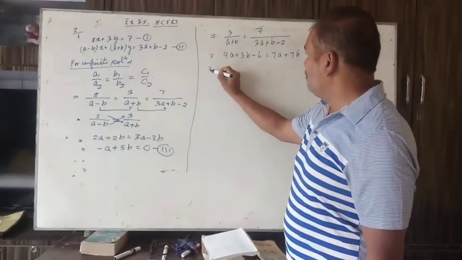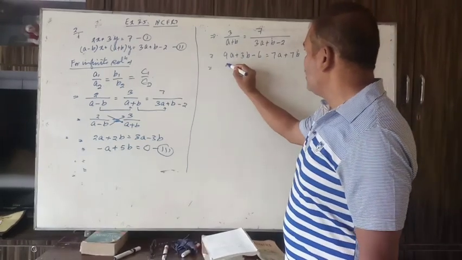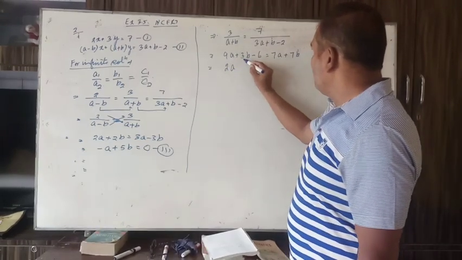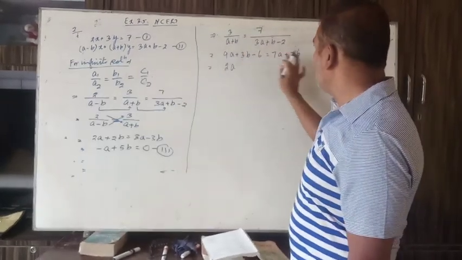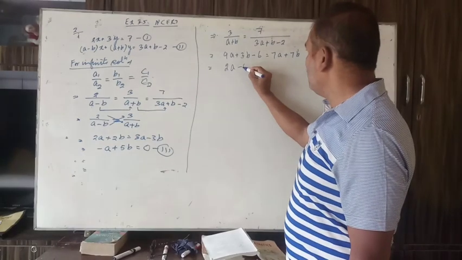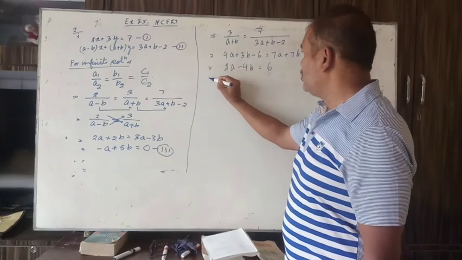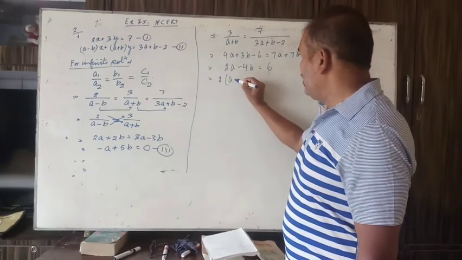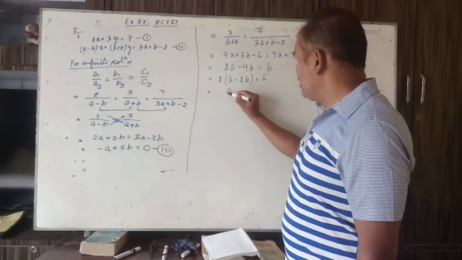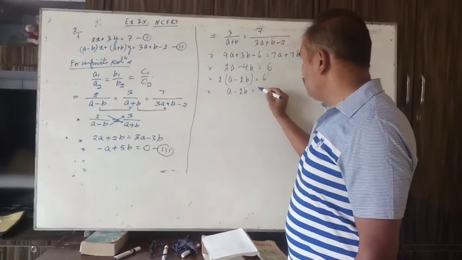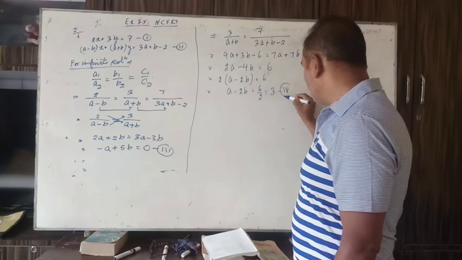Now we take the terms a and b to the left hand side. 9a minus 7a is equal to 2a, plus 3b minus 7b is equal to minus 4b. Minus 6 comes to this side, plus 6. Take 2 as common: a minus 2b is equal to 6 upon 2, that is equal to 3. This is equation number 4.